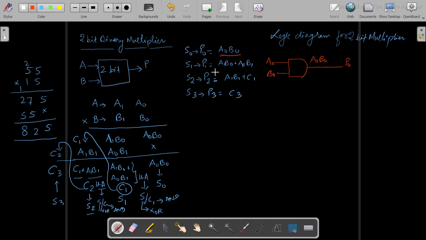For the second, s1, we need other inputs, that is a1 and b0. We will get a1 b0 from this side. Again a0 b1.